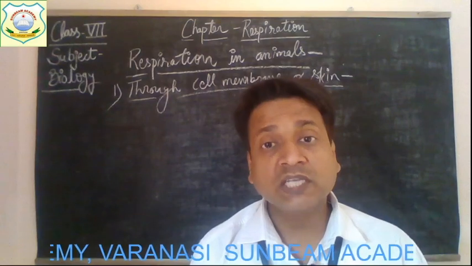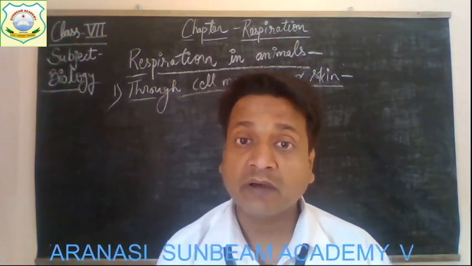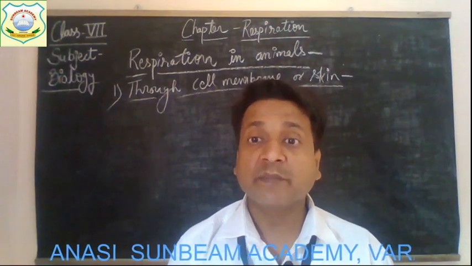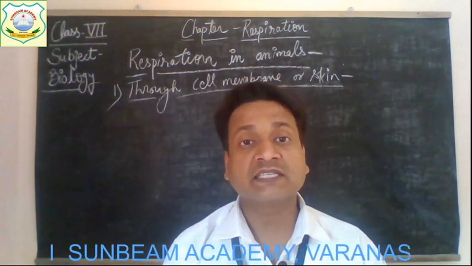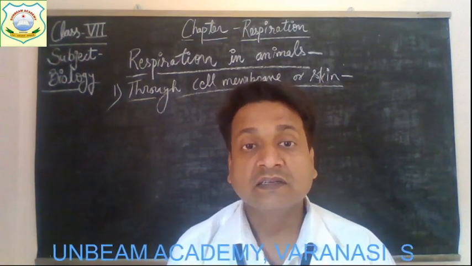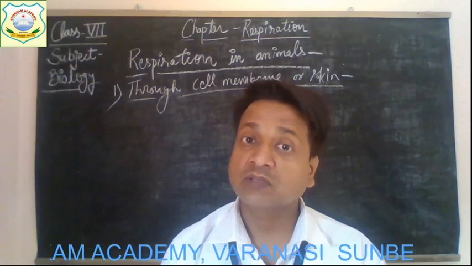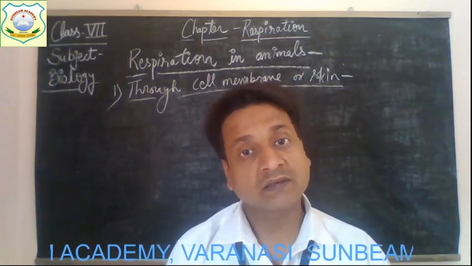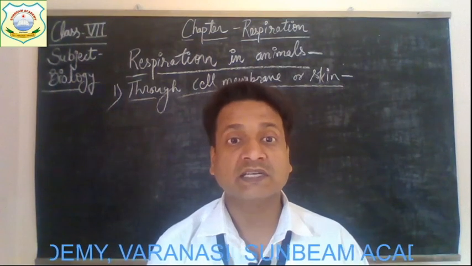Children, in unicellular organisms, organisms whose body is made up of a single cell, such as amoeba and paramecium, they exchange gases by the process of diffusion through the cell membrane. The process of diffusion we have already discussed.